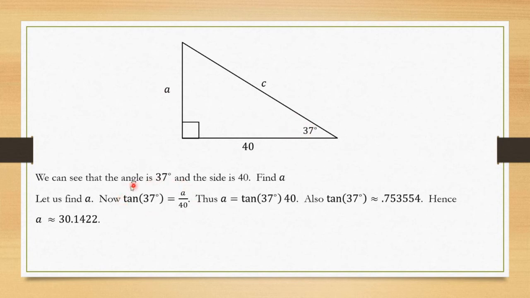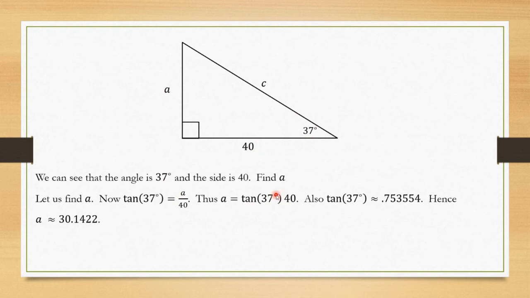So this equation. Now, how do we get A? Well, now it's basically algebra. Just get A all alone. We multiply both sides by 40. For the tangent part, you're going to have to use a calculator. Make sure your calculator is in degree mode. If it's in radian mode and you type in tangent of 37, it's going to think you want tangent of 37 radians.